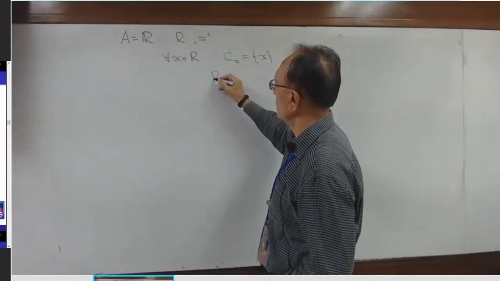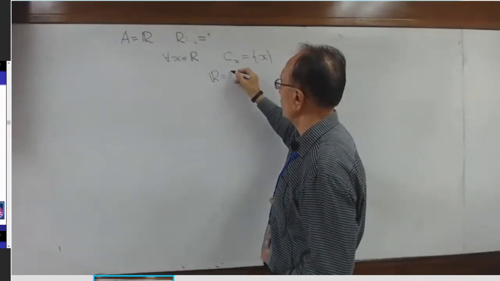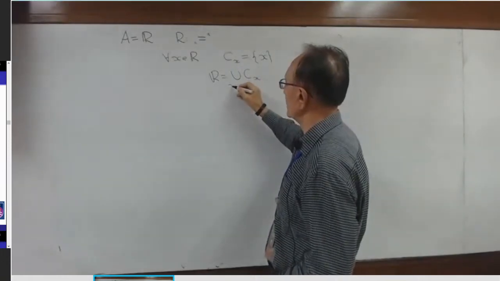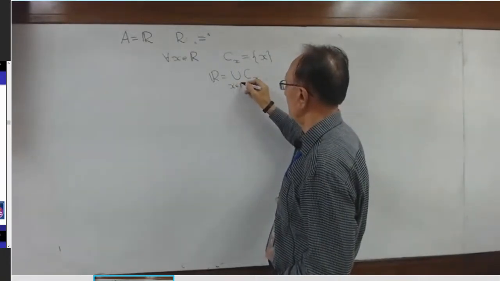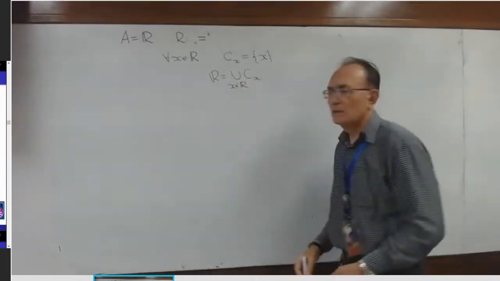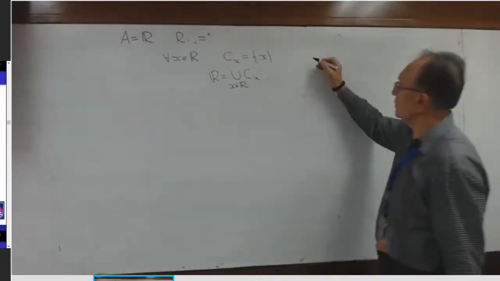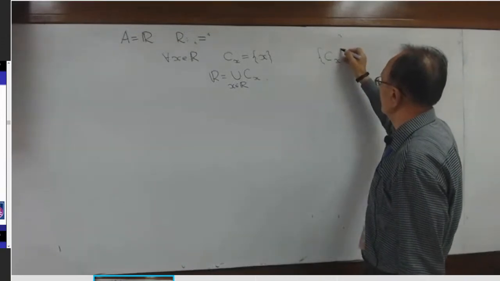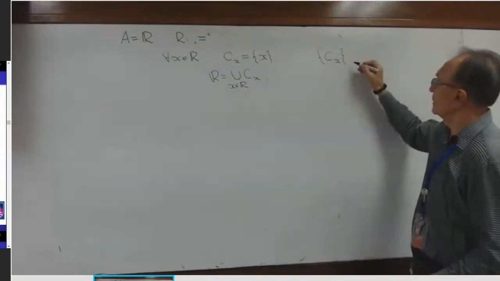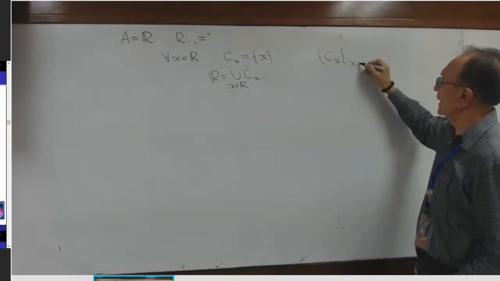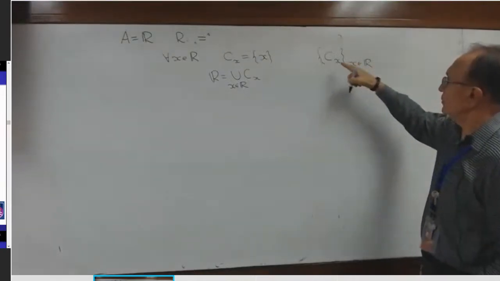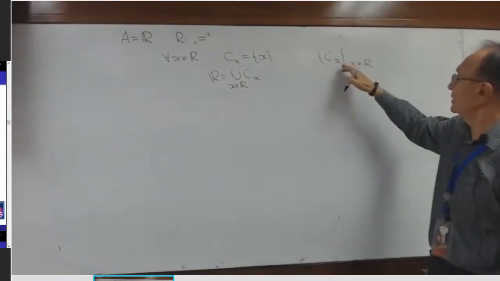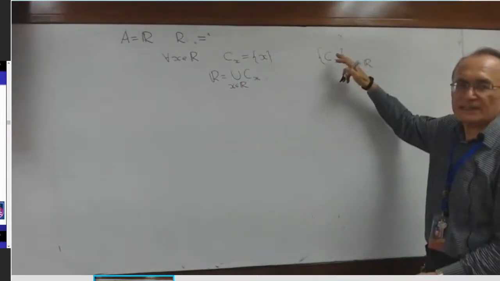R is written as the union of these Cx, where x runs over R. These are partitions, with Cx indexed by x in R. Each Cx is just a singleton.